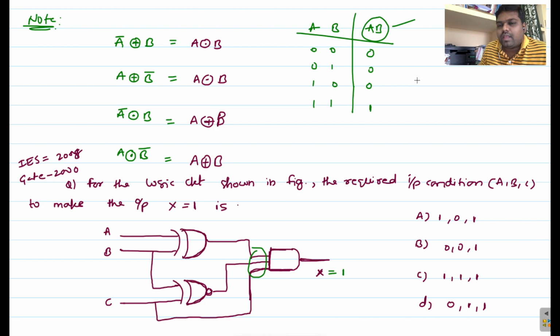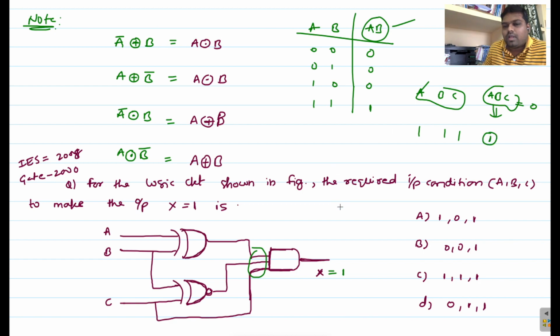Even with 3 inputs, the output will be A into B into C. If any one of the inputs out of A, B, C is 0, obviously this product will become 0. Only when all the inputs are high will this product become high, right?